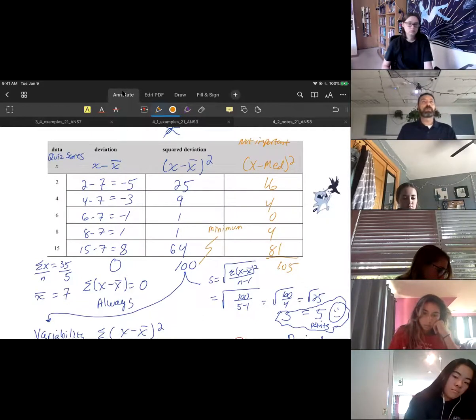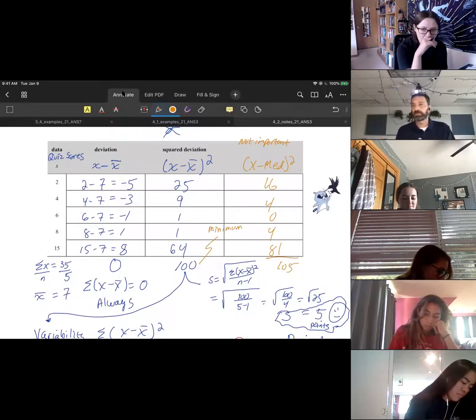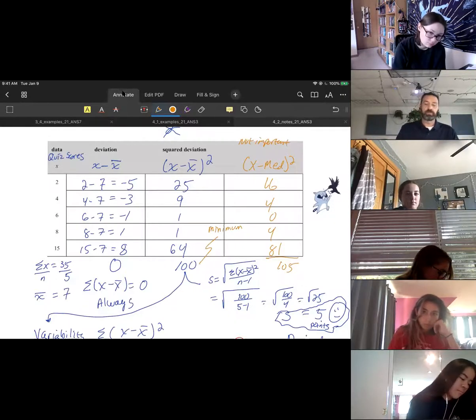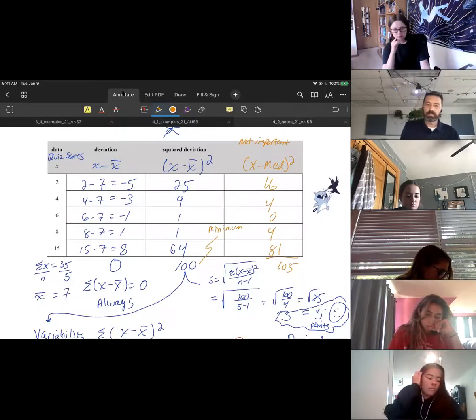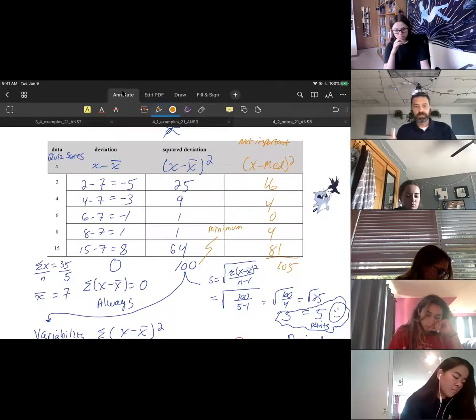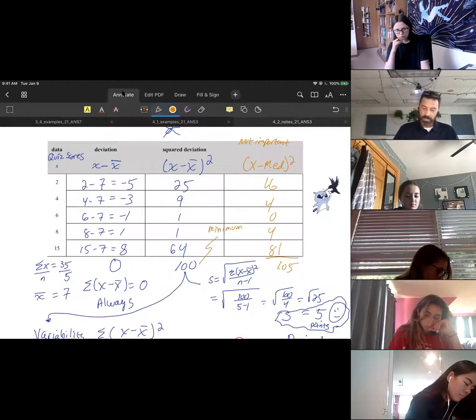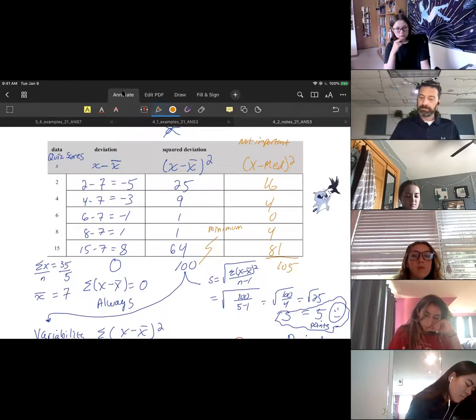So if you do another deviation process using the median or using something called the mid-range, no matter what other process you pick, the squared deviation will always give you the smallest possible squared amount of variability. So that's something that we kind of want, I guess. It's kind of hard to explain, but that's just demonstrating that you could pick a different method, but it's going to produce more variability.